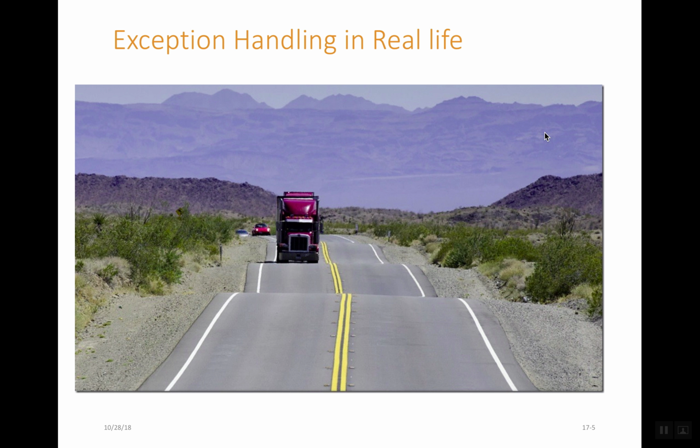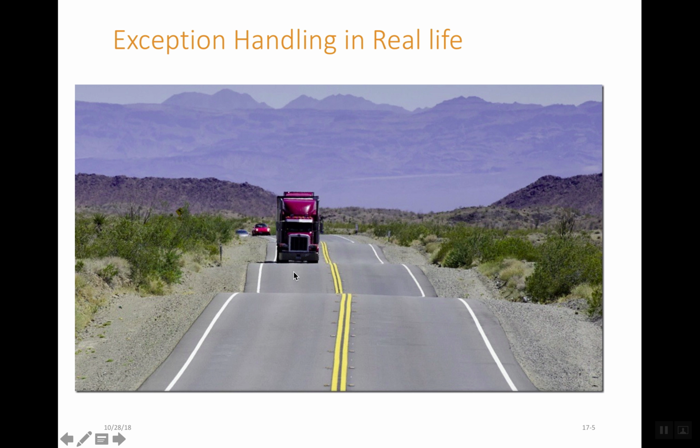Let us discuss this in a real-life situation. Think about a highway. If this highway has only a single lane in each direction, and for some reason a large vehicle stops or gets into an accident, then what will happen?